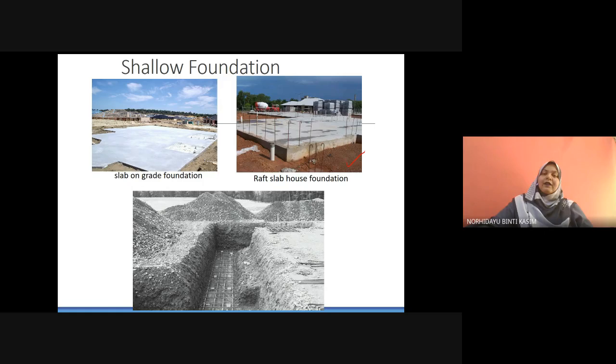They will support each other. That is the purpose of the raft or mat foundation.